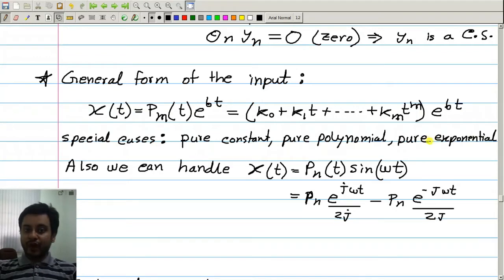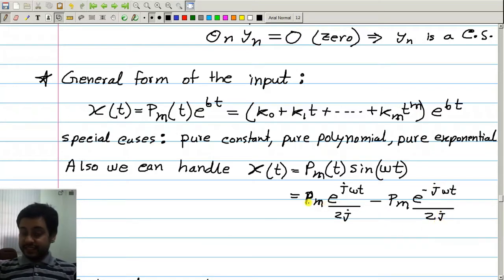And if we can solve for the output given this particular form of input, then later we will be able to handle inputs of this form: Pm sin omega t, because this polynomial times sinusoidal function can be broken into two parts, Pm e to the power j omega t by 2j minus Pm e to the power minus j omega t by 2j.